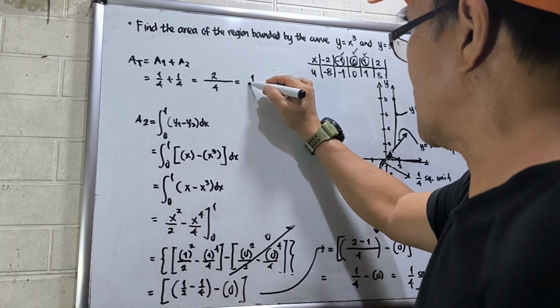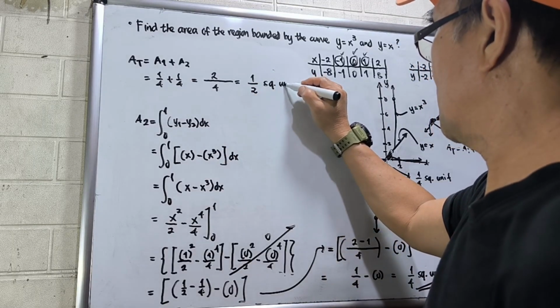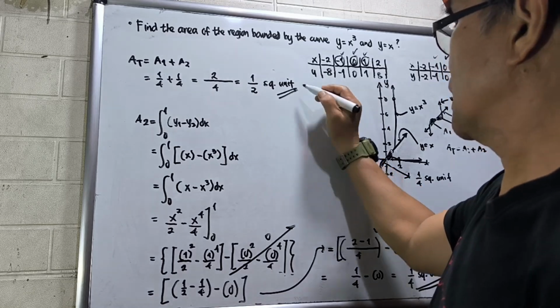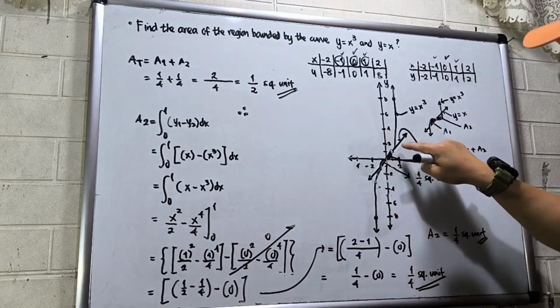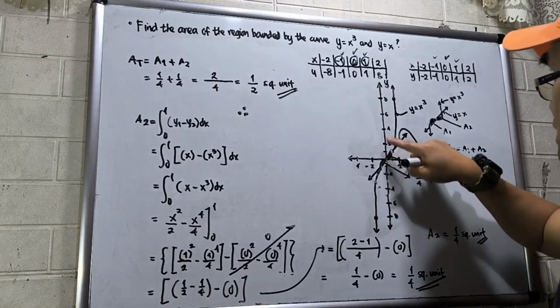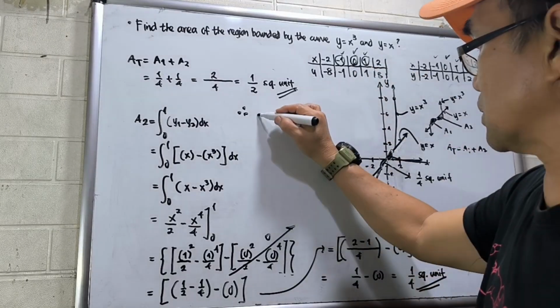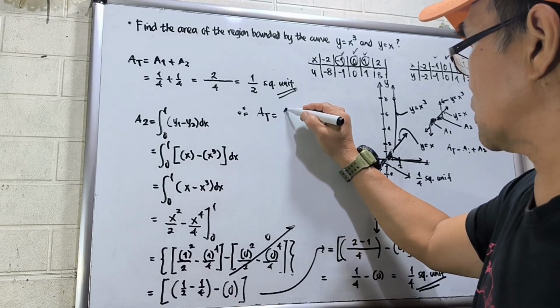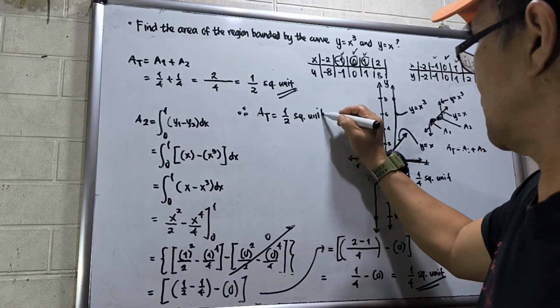So this will be 1, divided by 2, that will be 2. So this will be square unit. Okay? So the total area in the points of intersection from negative 1 to 1 is equal to, area total will be equal to 1 over 2 square unit.